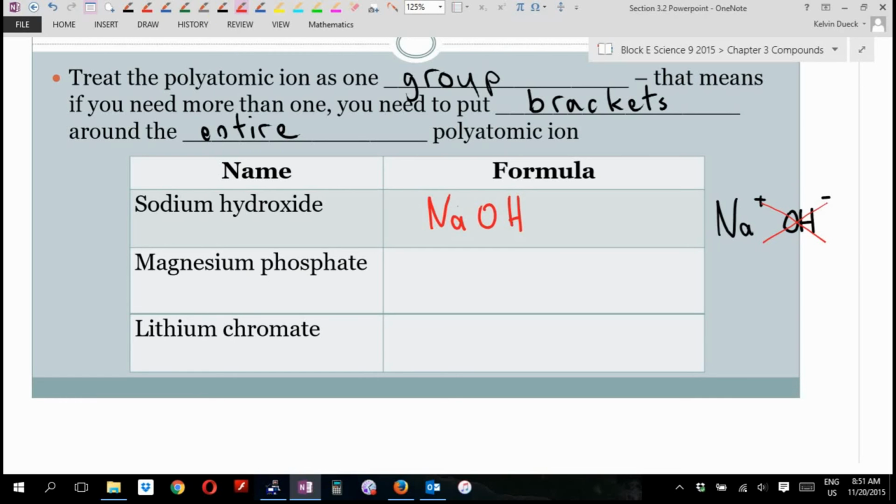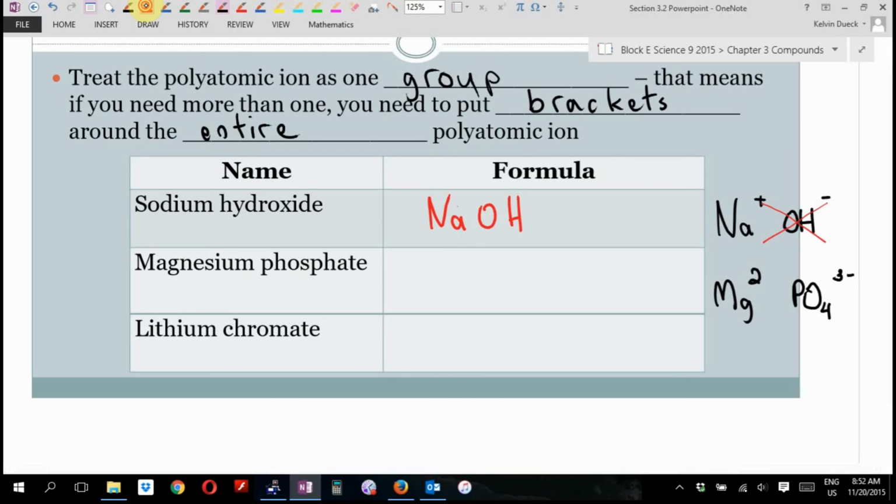Magnesium phosphate. Okay, I would go Mg. What's the charge on Mg? Phosphate, this one I have to look up. PO4, 3 negative.